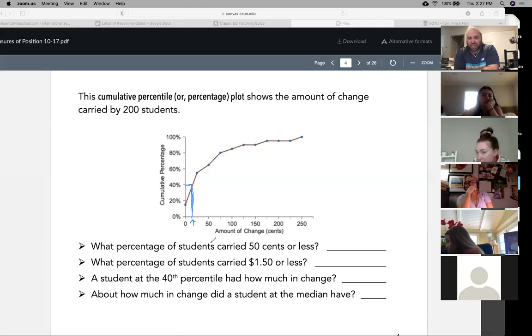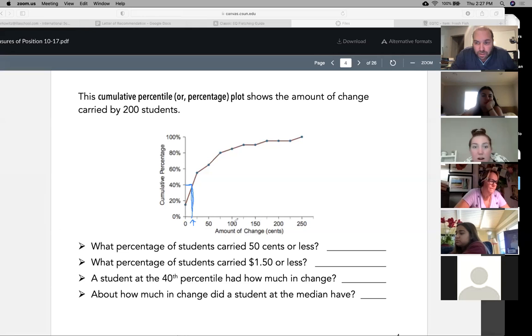Okay. How much change did a student at the median have? The median is the midpoint. Basically the median is the 50th percentile. It's the point at which 50%. Sorry, Angela, what? Oh, I was going to say like 25.